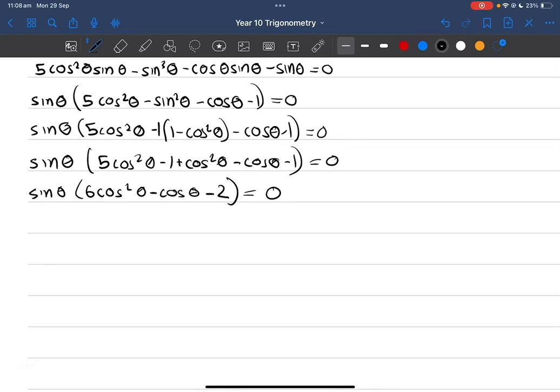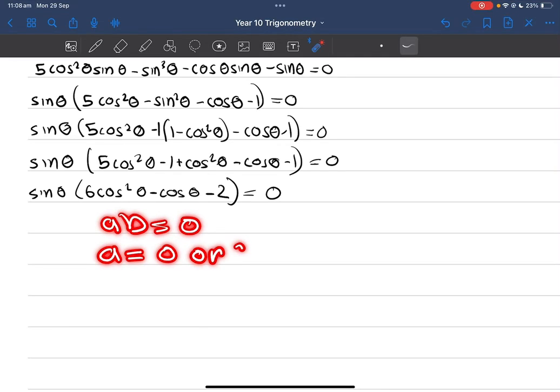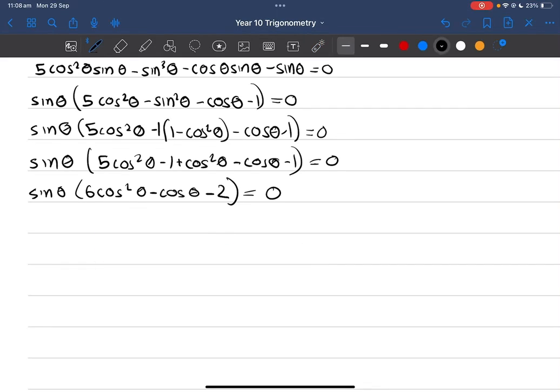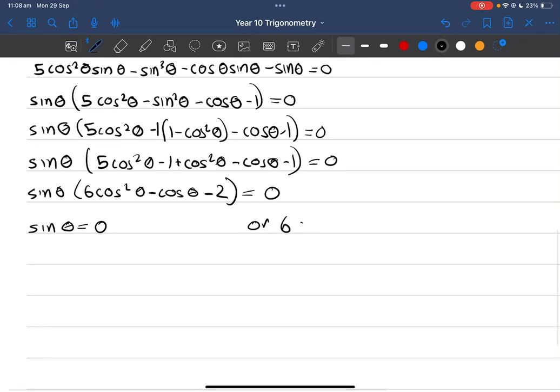Now we can use the null factor law. As we know, if two things times to become 0, either A equals 0 or B equals 0. So we can rewrite this as sine theta equals 0, or 6 cos squared theta minus cos theta minus 2 equals 0.